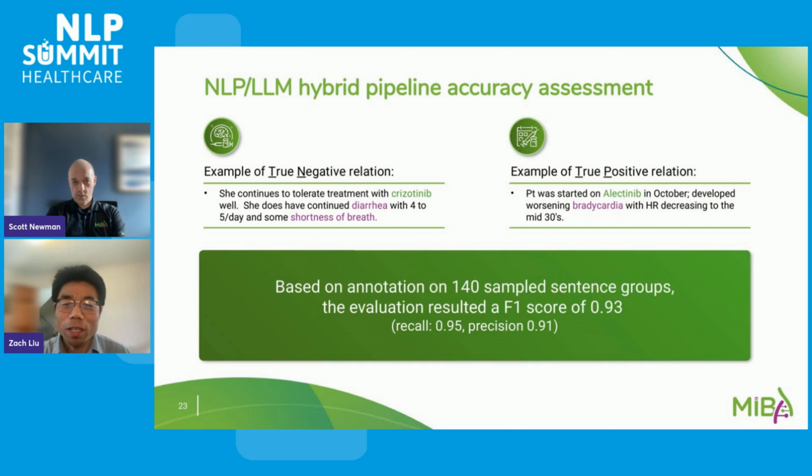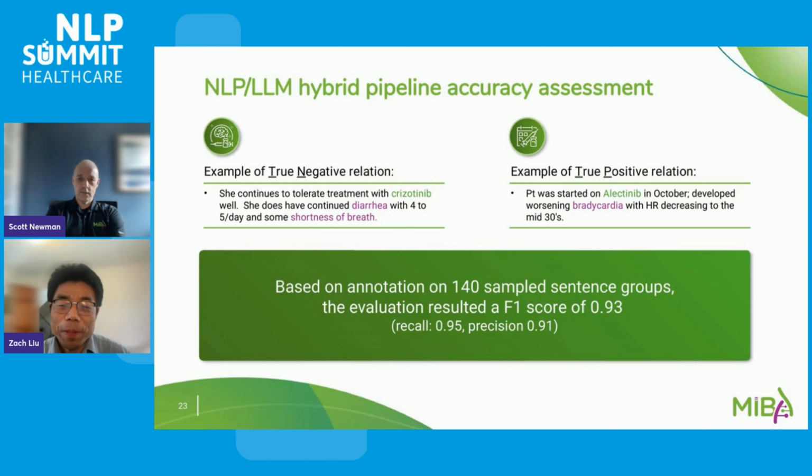Here, for example, crizotinib with diarrhea and shortness of breath, because the patient is tolerant of crizotinib, the annotator thinks we should not report this. And a true positive is alectinib here with bradycardia, because it's worsened. I think this is a true positive.